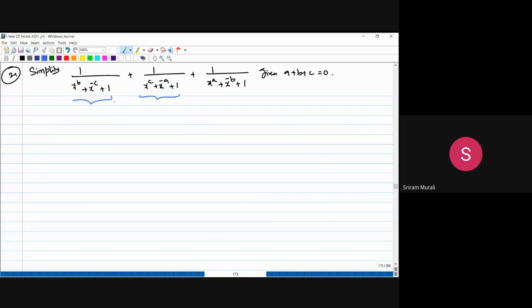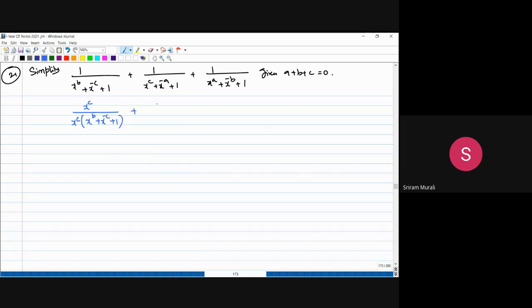I want to express this in CA, or it can be in BC, or it can be written in AB. So whichever you want, you can take. If I want to express this in CA, I multiply and divide by C. Wherever we have a problem, you just multiply and divide by C. This is x power B plus x power minus C plus 1.